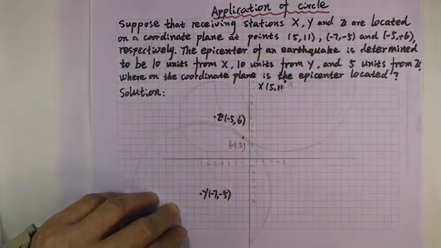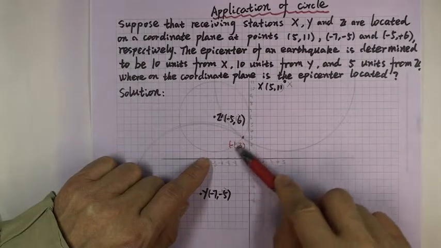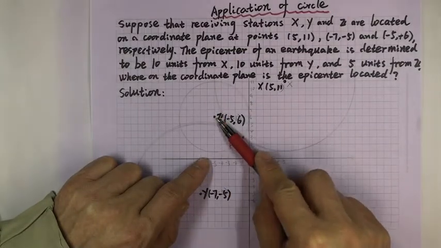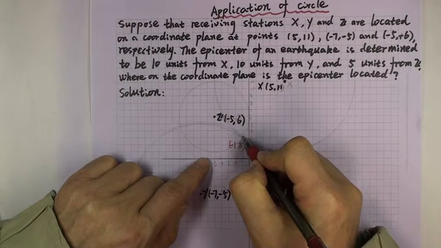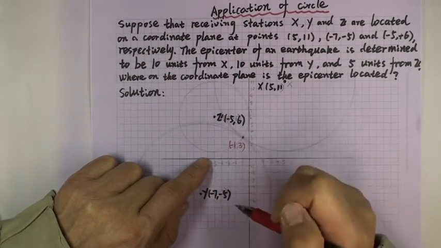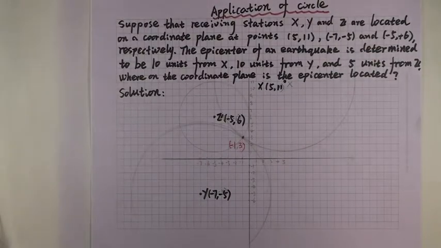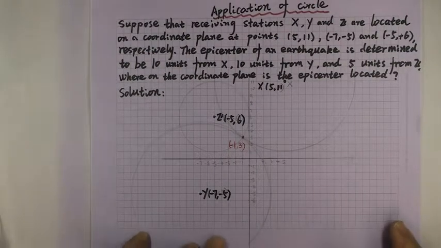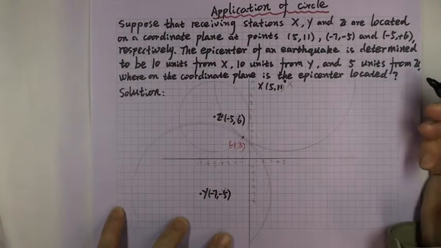All the points on this circle are 5 units away from here. Then it confirms the solution might be (-1, 3), this point. But this is the way you draw the picture. Is it algebraically really so or not? So you got to check.